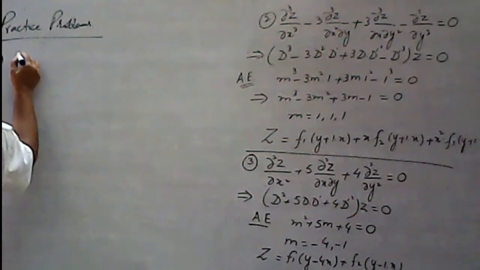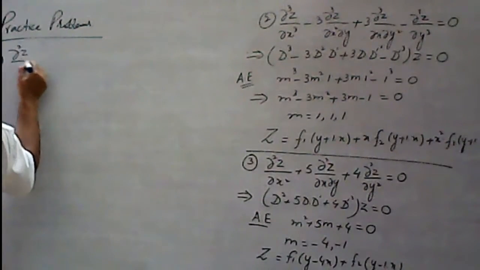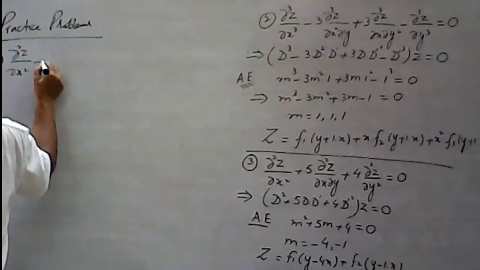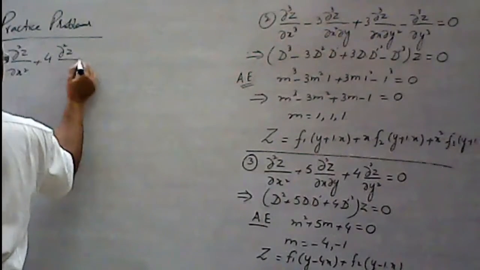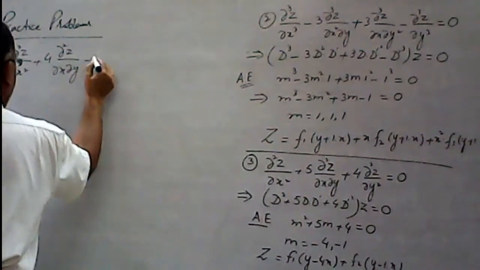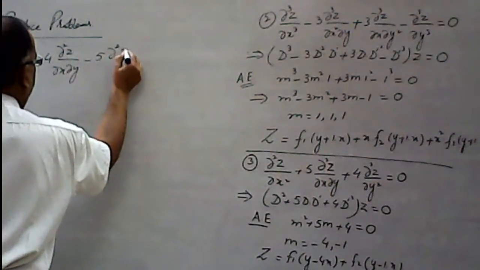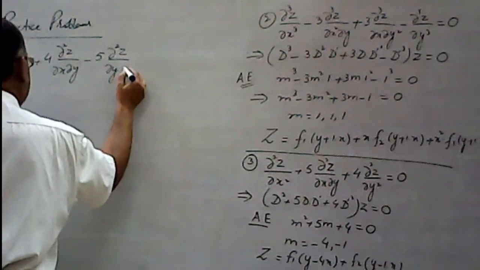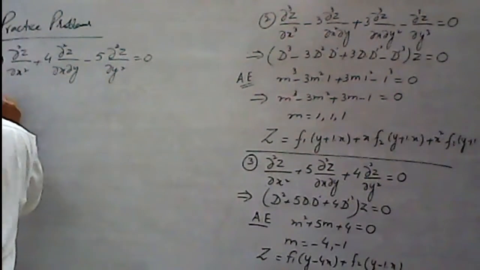Number 1: partial 2z over partial x square plus 4 partial 2z over partial x partial y minus 5 partial 2z over partial y square equal to 0.